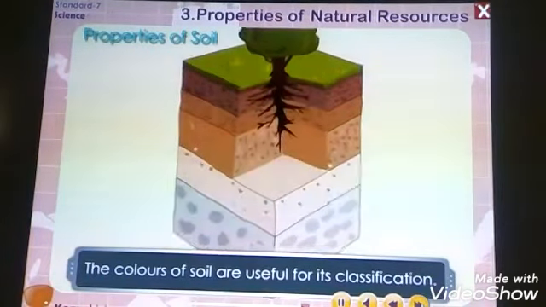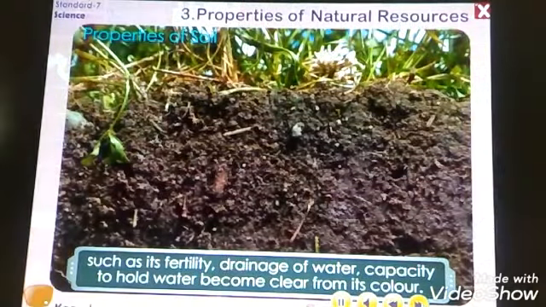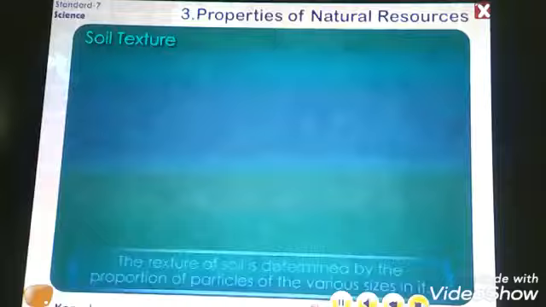The colors of soil are useful for its classification. Besides, they are indirectly useful in indicating the properties of soil, such as its fertility, drainage of water, capacity to hold water, which become clear from its color.